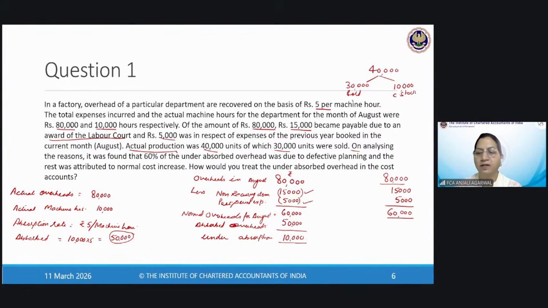So whatever the under absorbed overheads are, out of that 60% is because of defective planning and the rest is attributed to normal cost increase. So out of the 10,000, 6,000 will go to costing P&L and 4,000 will be used for supplementary rates.